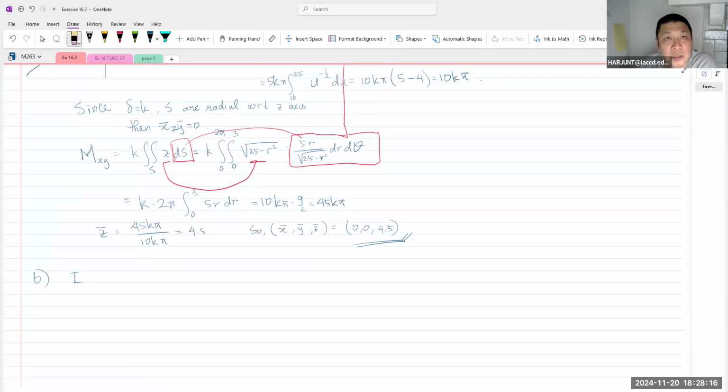About the z-axis means double integral over the surface S. And then the distance from the z-axis will be x squared plus y squared, times density dS.